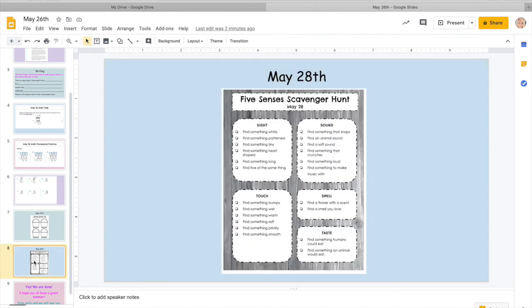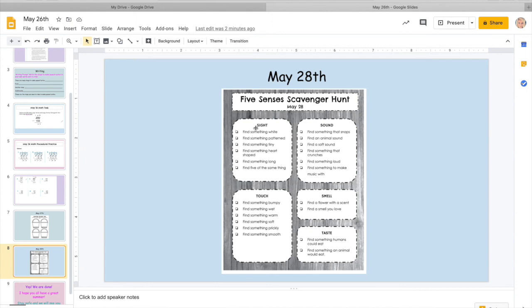And then for Thursday, which is actually the last day of school, they also have a fun activity where you're going to do a 5 senses scavenger hunt. And every time you find one of these, it's broken up into the 5 senses, which is sight, sound, touch, smell, and taste. And every time you find one of these, you are going to mark it off your list.